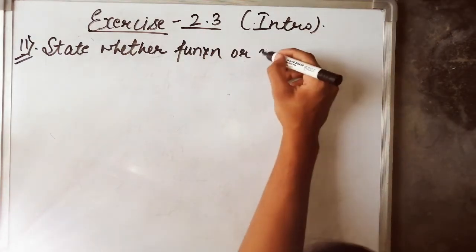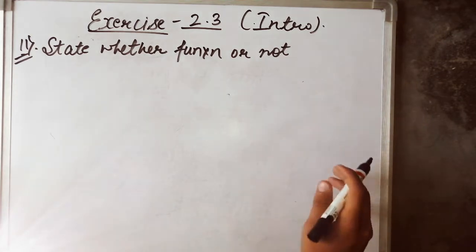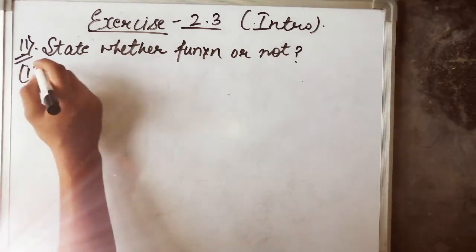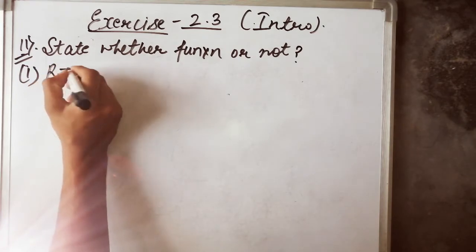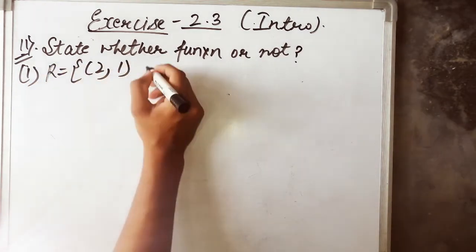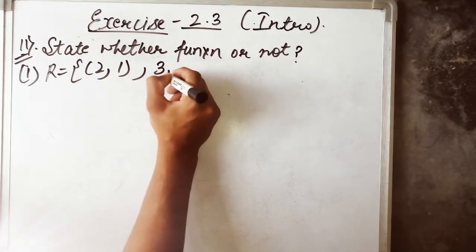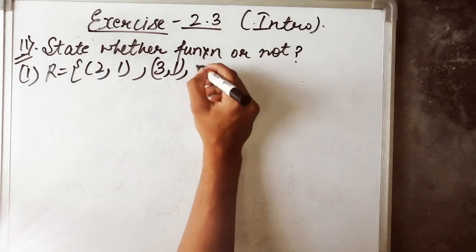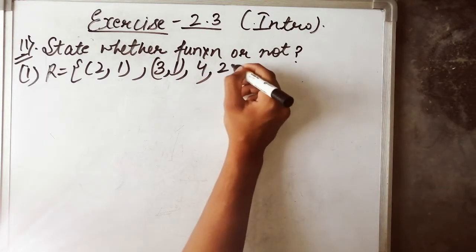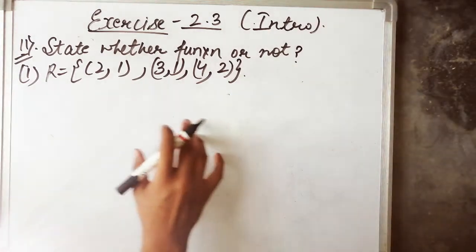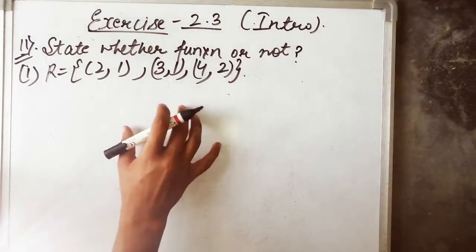Our very first part of this question is R equals {(2, 1), (3, 1), (4, 2)}. This is the first part, and we need to find out whether this relation is a function or not.